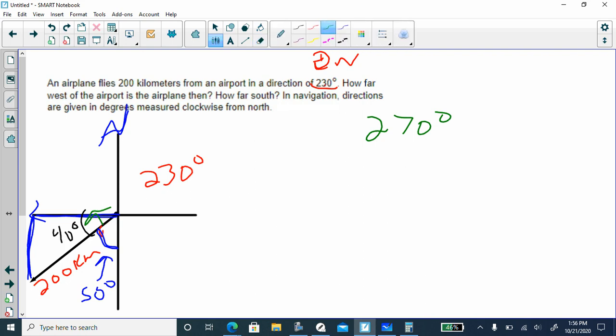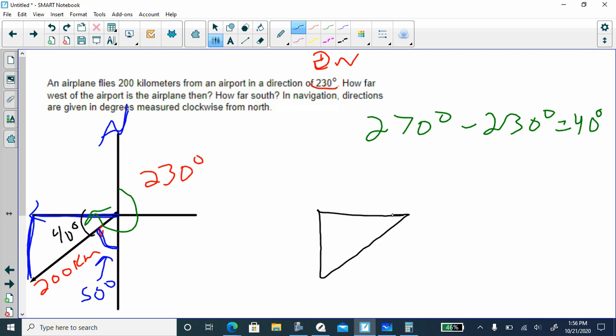If we take away 230, then what we're left with is the reference angle in there. So 40 degrees is the reference in there. I'm going to sketch that little triangle. This is a right angle. West and south are perpendicular. This angle is 40 degrees.